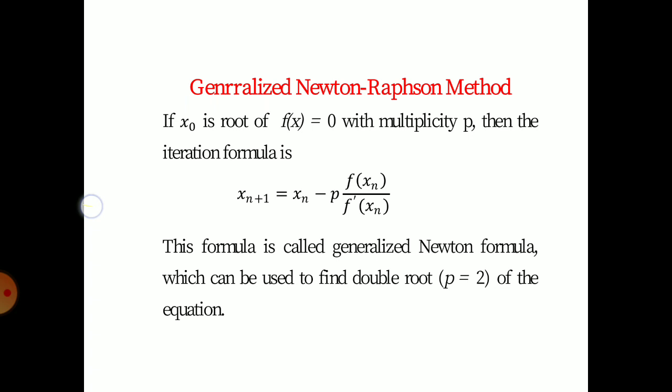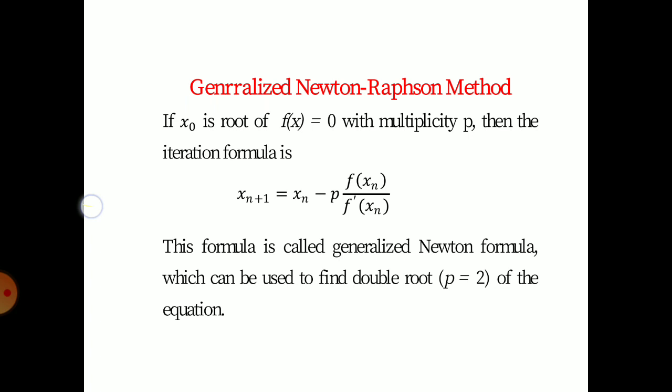Just I have told that the generalized Newton method or Newton-Raphson method is applicable to find the multiple roots, because there may be a possibility that the given equation has multiple roots.